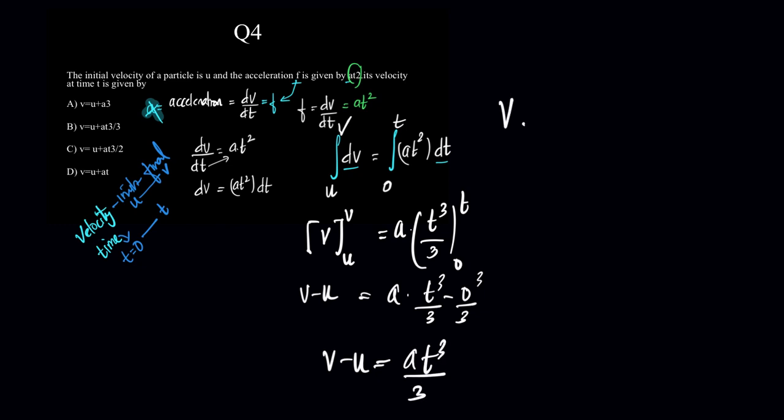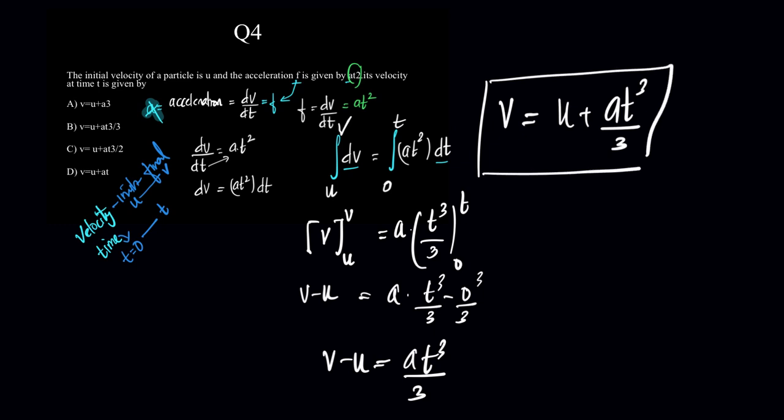And therefore we can say that v is equal to u plus a t cube by 3. So this is the required relationship, in which case the correct option is option 2.